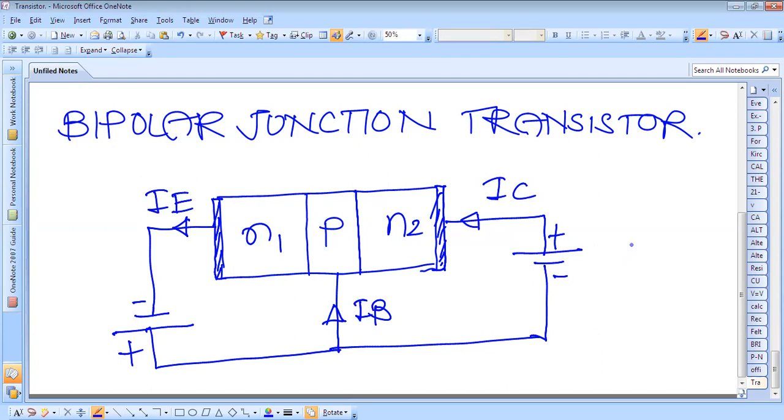So this is the bipolar junction transistor, and it is a combination of two junction diodes.